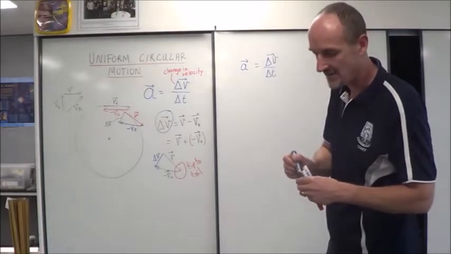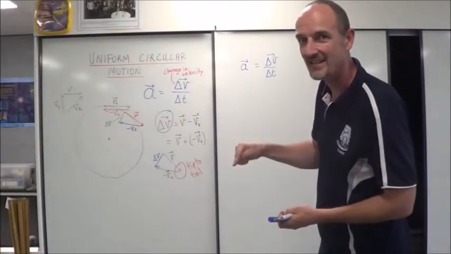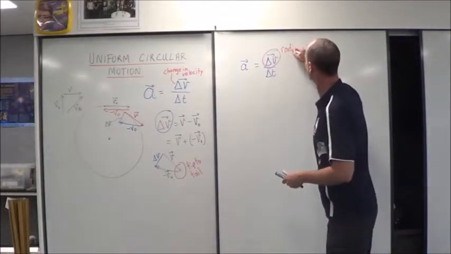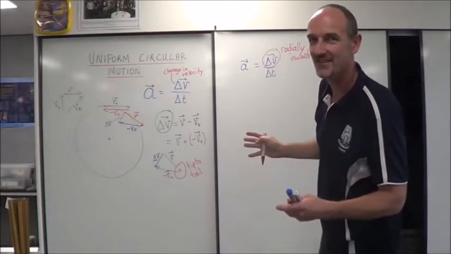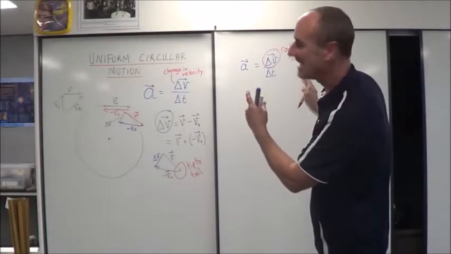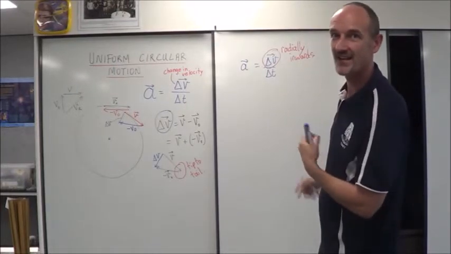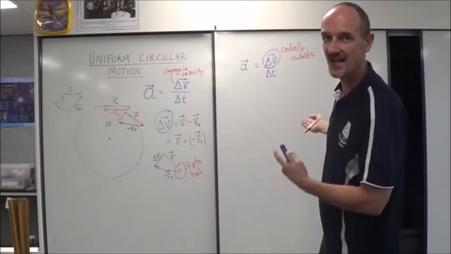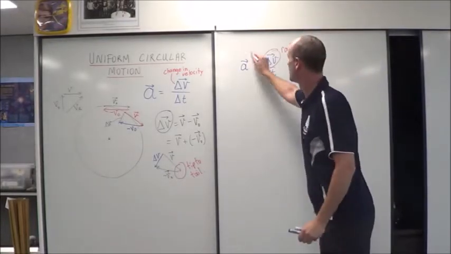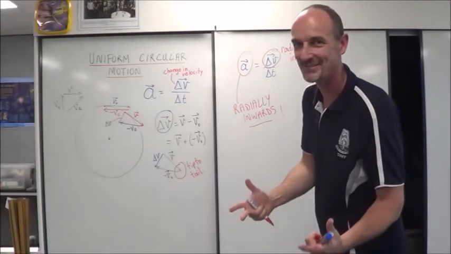So, if the change in velocity vector is radially inwards, what must be the direction of the acceleration? We can see if the time has no direction component, then the acceleration must be in the same direction as the change in velocity. In other words, radially inwards. Great.